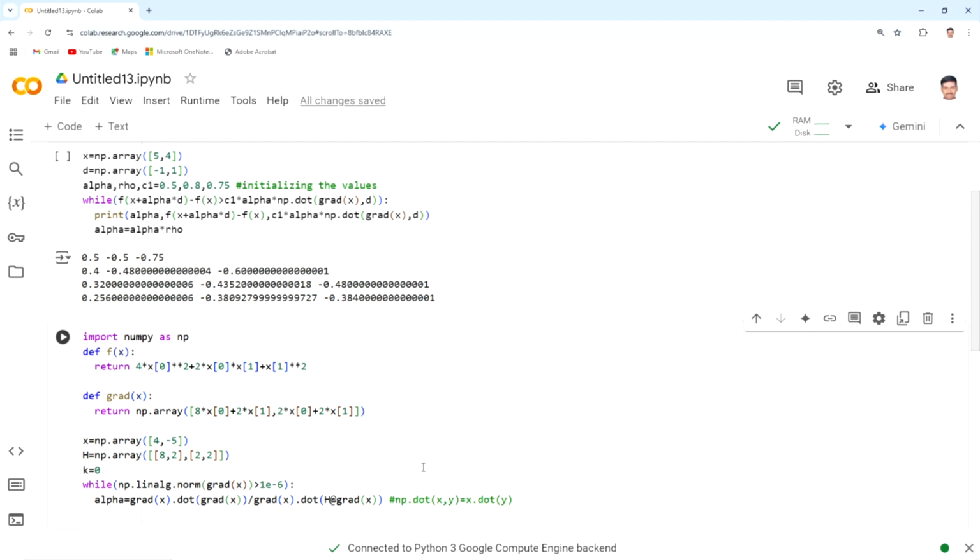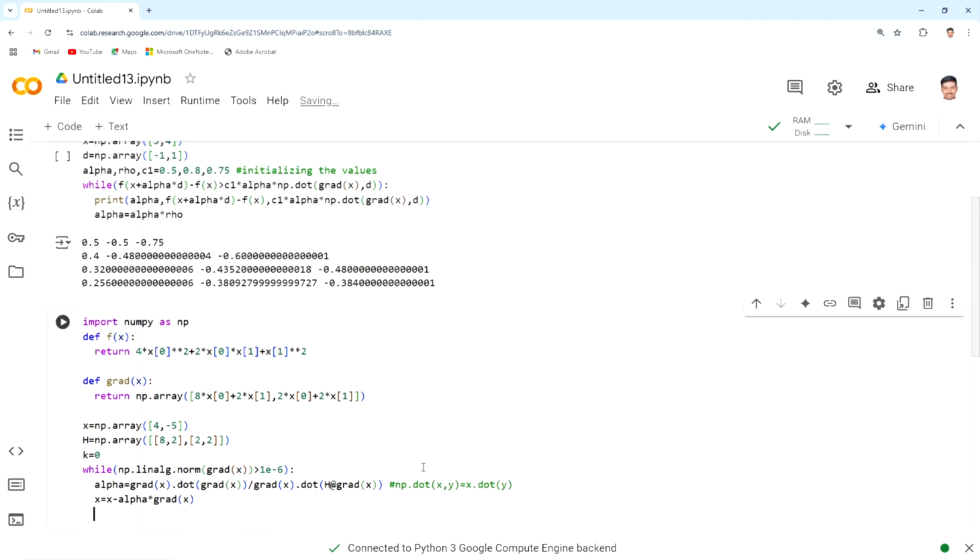So, that is alpha, and x is actually x minus alpha into grad of x. I could have written it as d equal to minus grad of x and x is equal to x plus alpha into d, but I just combined both those lines, and k equal to k plus 1. One other thing is we need to print the values.